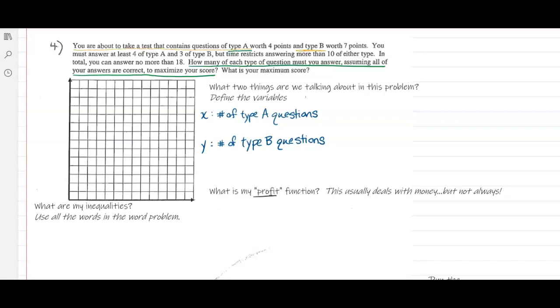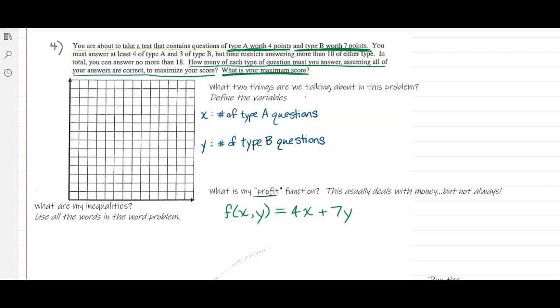So type A gives me 4 points per question, and type B gives me 7 points per question. So I know that my optimization function is going to be 4 points for every type A question and 7 points for every type B question. And that's going to tell me my maximum score if I compute that.